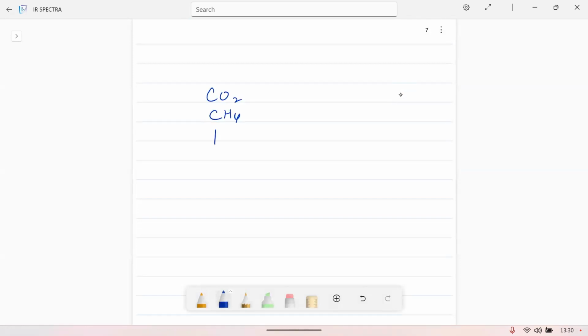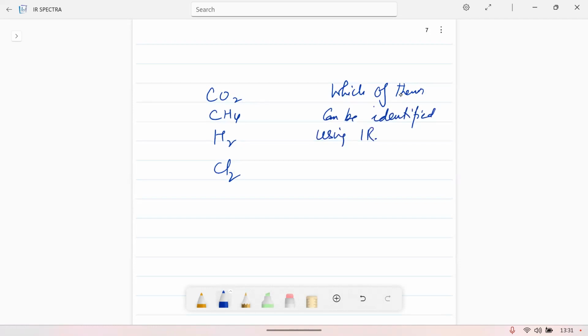A very common question that is given in your exam is, you are given CO2, CH4, H2, Cl2, and they may ask you which of them can be identified using IR. Now, the important thing is all of them are non-polar.